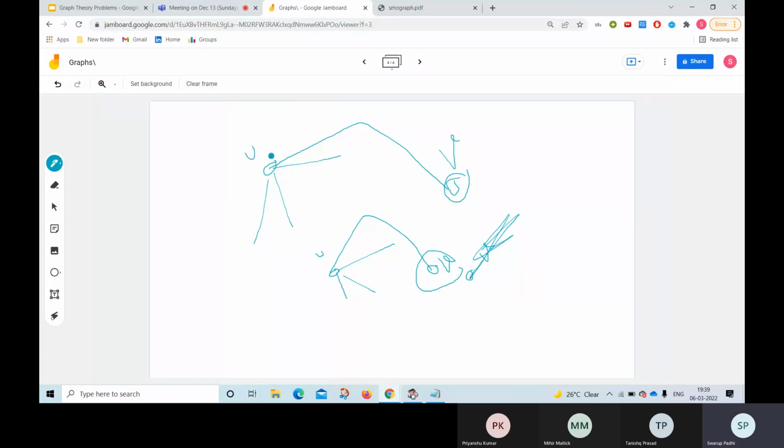So let's try, has any one of you got any approach? Existence of v is guaranteed by counting the number of edges. How do we guarantee the path exists?